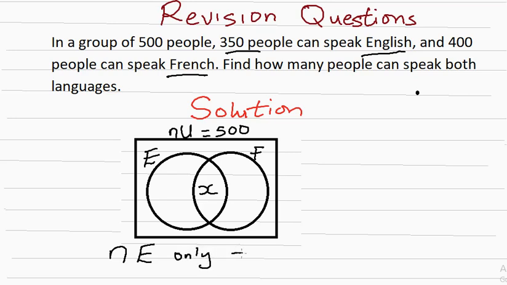All I need to do is subtract the number that speak both English and French, X, from the total number of people that speak English.